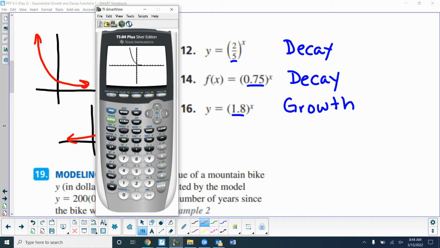Okay. If we change to 0.75 here and graph it, it's a little flatter there. Okay, the growth one, 1.8 to the x.